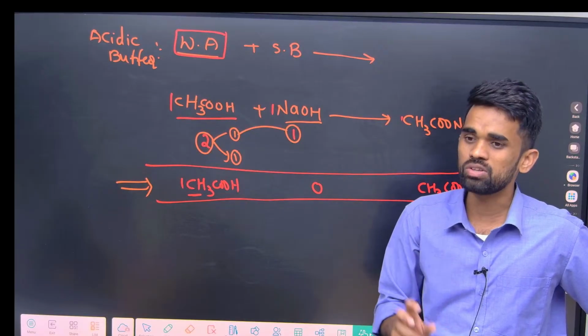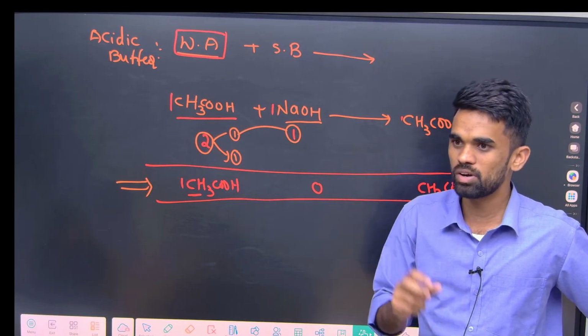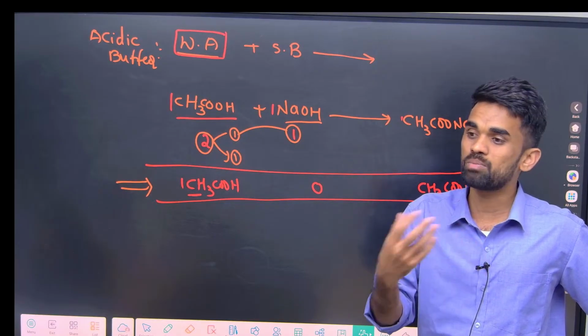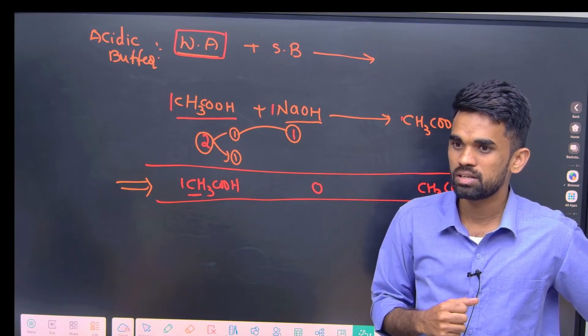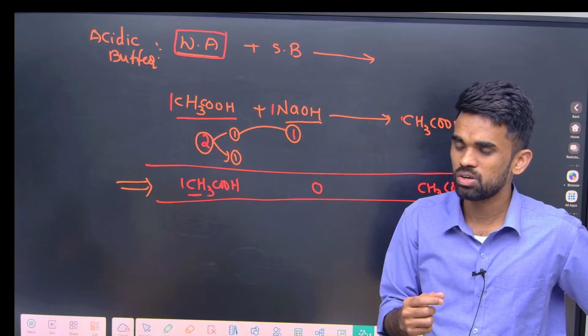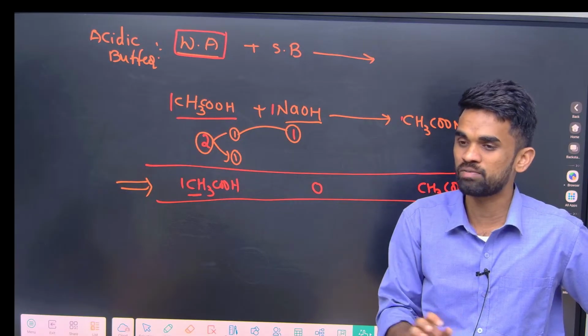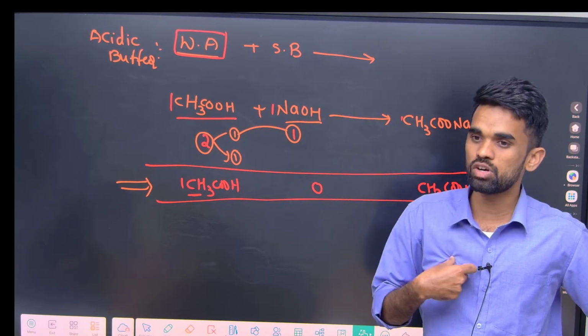Now you are drinking that same lemon juice, but the pH of your body is not altering. Is it changing? No, it stays constant. Why is it not happening with simple water? Why only in your body?